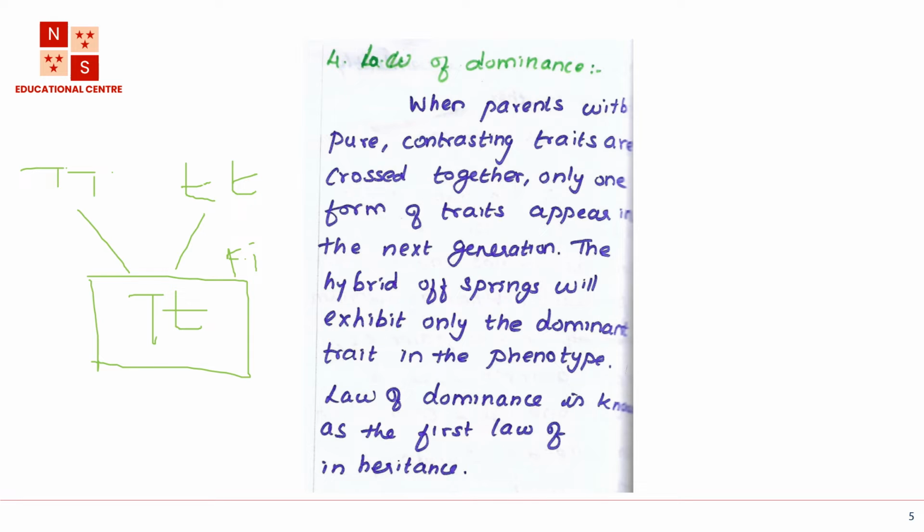So the hybrid offspring will exhibit only the dominant trait. The presence of one dominant trait makes the whole F1 generation tall. This is known as the law of dominance. It is also sometimes asked what the first law of inheritance is. So these are the four important laws we will study in biology for term 2.